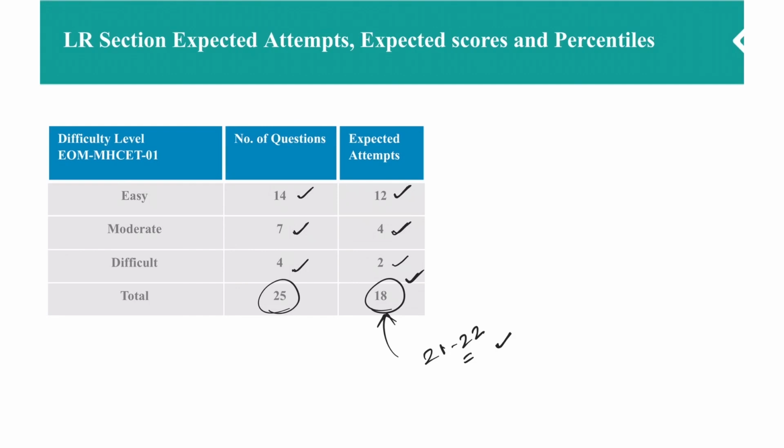Out of these expected attempts, the correct attempts would be somewhere around 15 to 16. And here you can take somewhere around 18 to 19 correct attempts, with a student who has practiced a lot. So I hope this gives you a better idea about what you could have expected from the LR section of this CMAT mock.